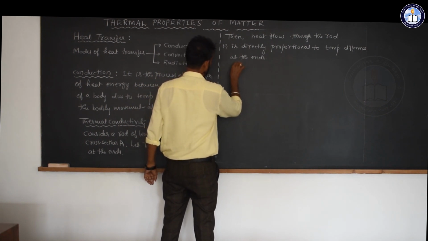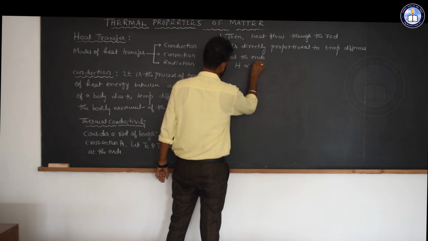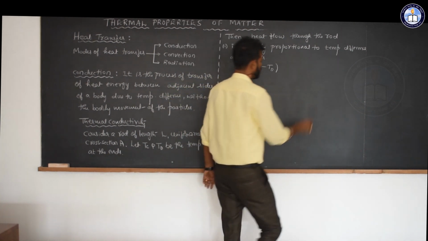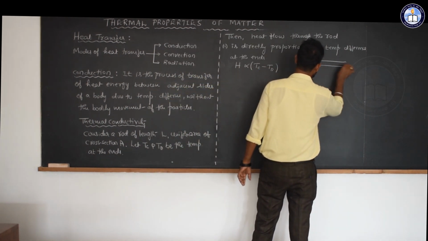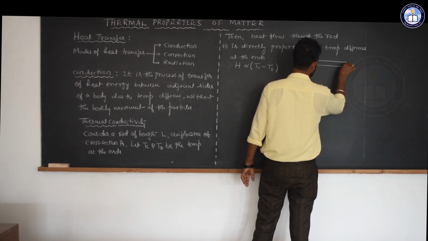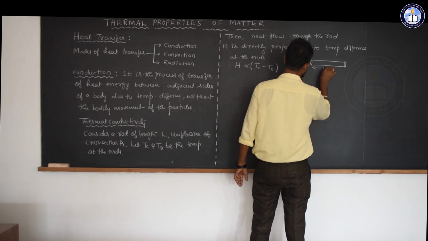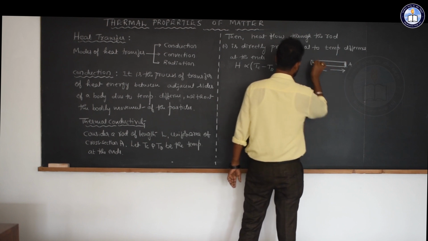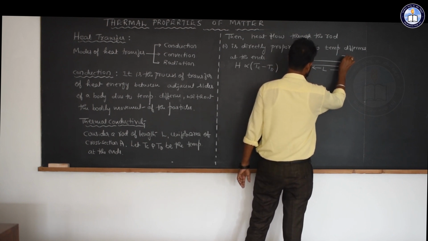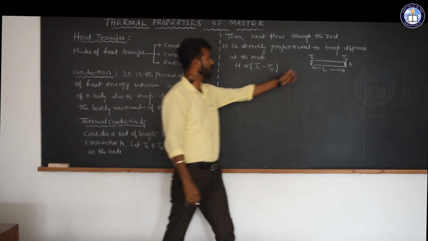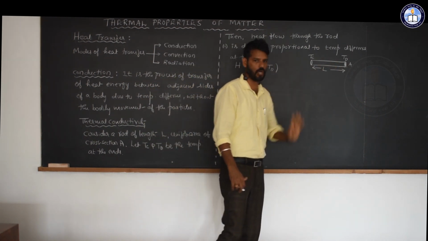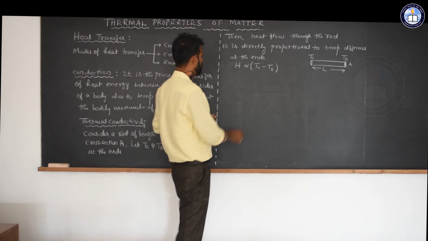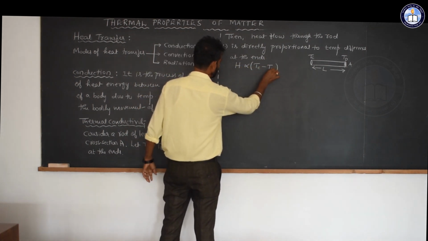That means the heat flow H is directly proportional to Tc minus Td. Because we consider a rod of length L, this is the length of the rod L. Area of cross section is A. Temperature at one end is Tc, the other end is Td. Then the heat flow from one end of the rod to the other end is directly proportional to the temperature difference at the ends of the rod. That is, H is directly proportional to Tc minus Td.